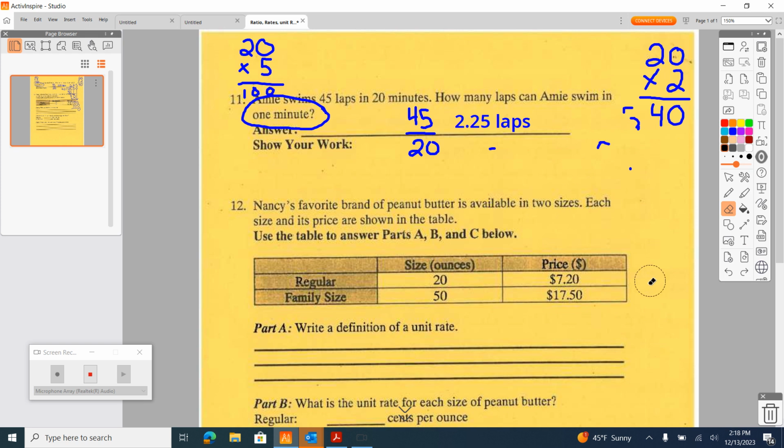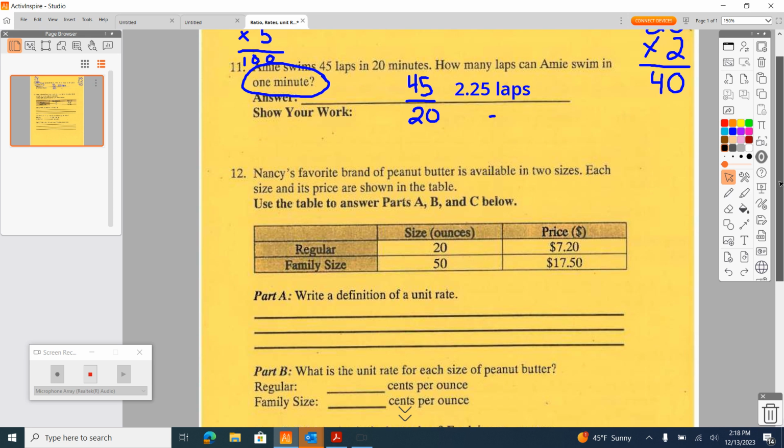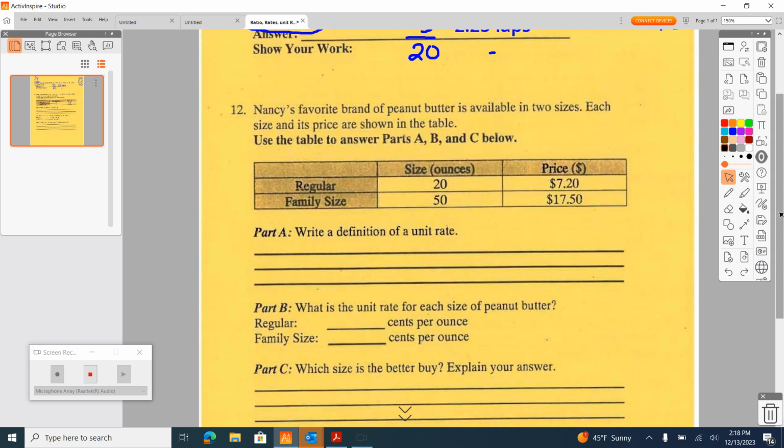And the next problem is one of my better buy or best buy problems. So Nancy's favorite peanut butter is available in 2 sizes. Each size and its price are shown. So she can get 1 jar of peanut butter for $7.20. That's smaller. Or she can get a second jar for $17.50.